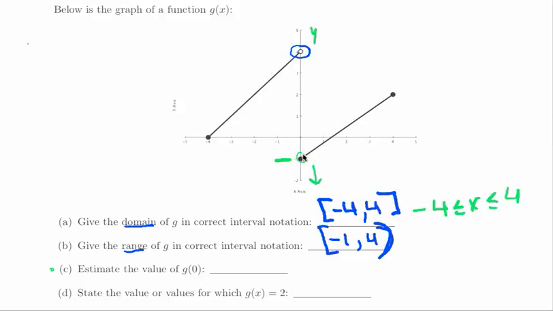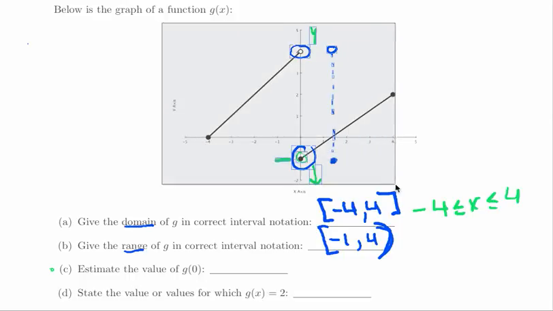The negative 1 here on the lower end, though, is included because I see the solid dot. So I start at negative 1, almost end up at plus 4, but I don't have a function value there at 4. So there's my range. And we've kind of answered a couple of these, the last 2 questions, in the process of answering the first 2.